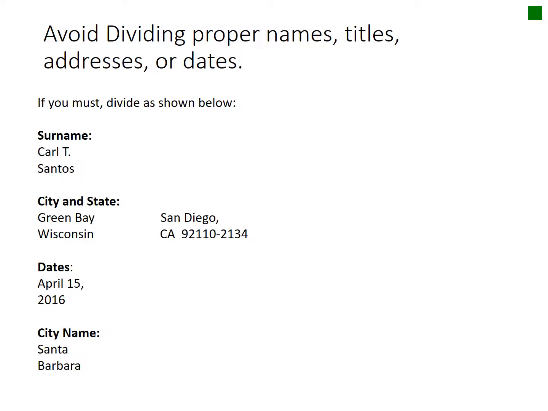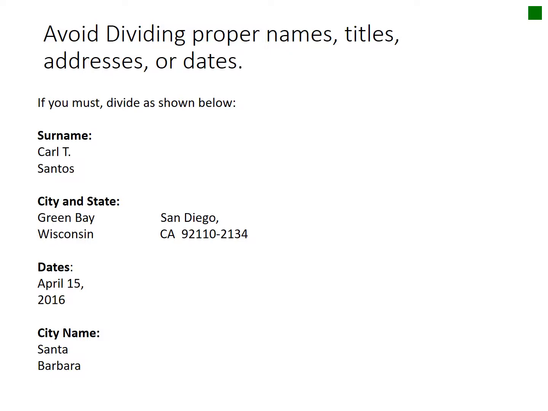Avoid dividing proper names, titles, addresses, or dates. You really should not divide those at all. If you have to, in a situation where you just can't avoid it, such as a name, Carl T. Santos, you would divide after the middle name. First name, middle name, divide Santos. City and state, Green Bay, divide Wisconsin. San Diego, divide California.